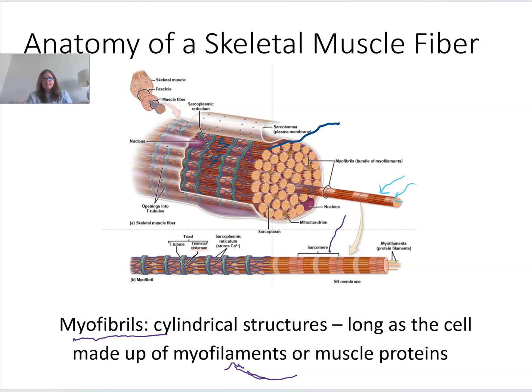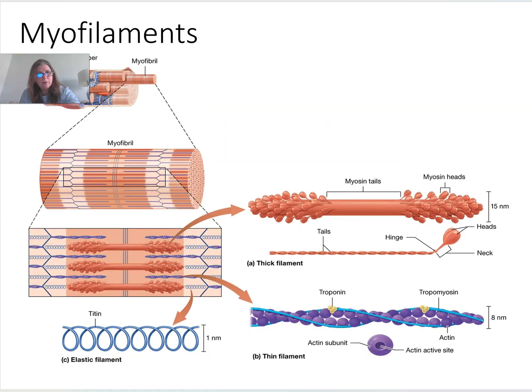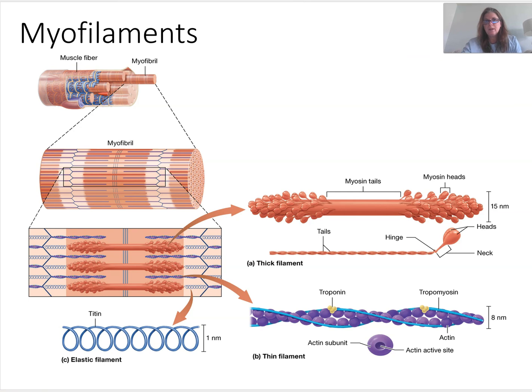These are the myosin and the actin, which are the muscle proteins. So the primary muscle proteins are called myosin and actin. Myosin is the thick protein, and actin is the thin protein. So the two main muscle proteins. So again, muscle fiber made up of myofibrils, hundreds to thousands.